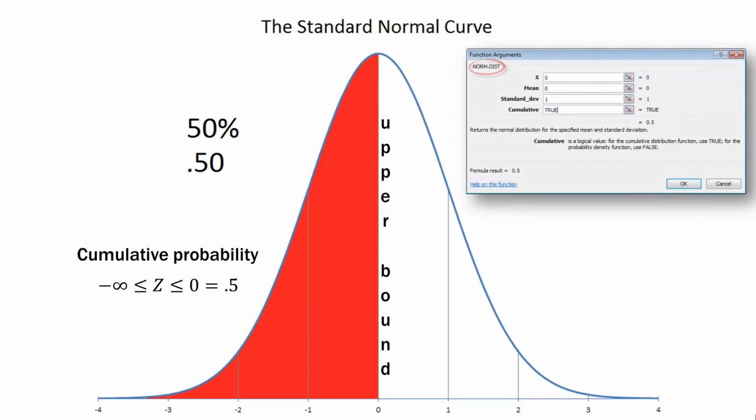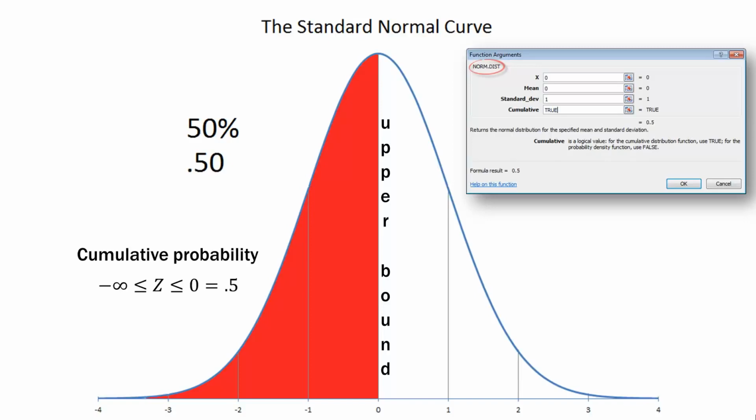Now how can you find that in Excel? Well, if you go into Excel and do the insert function command there at the top, you can find the norm dist function. You can use this to find the cumulative probability in the normal distribution. That's why it's called norm dist. In this case, x is our upper bound, so our upper bound in this case is 0.